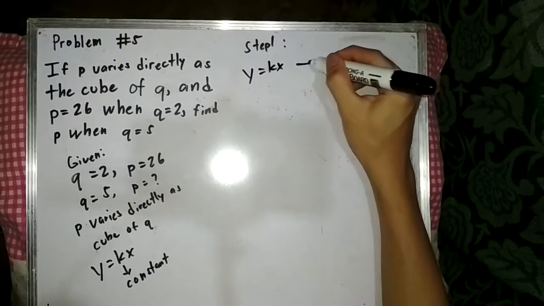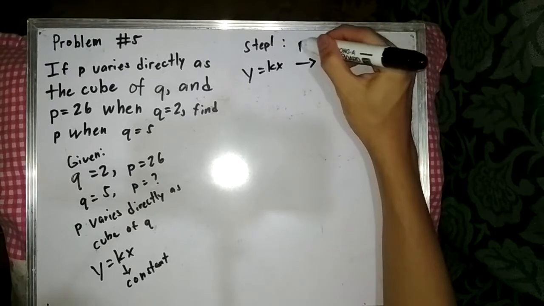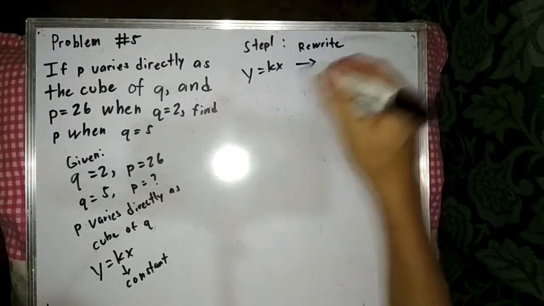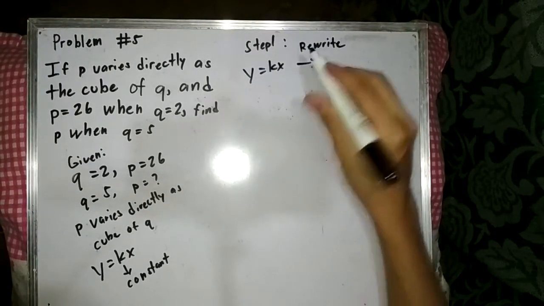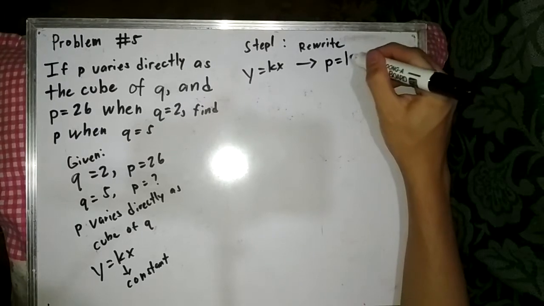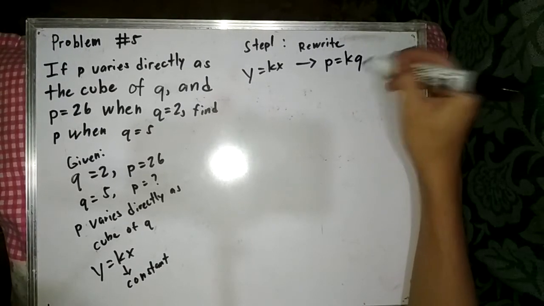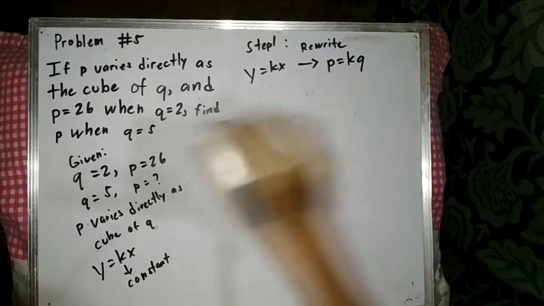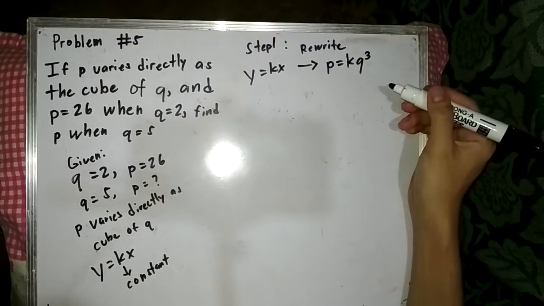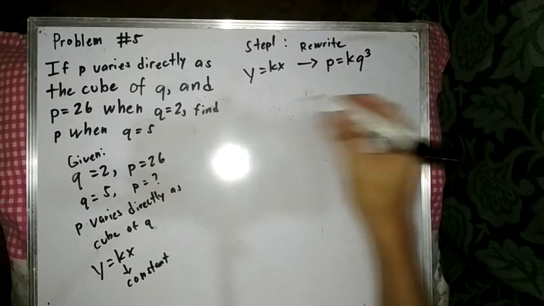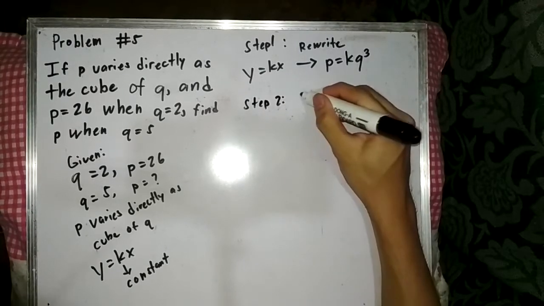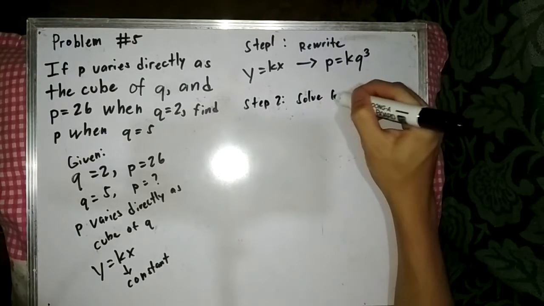So we have to rewrite this formula as p is equal to k q raised to the power of cube, which is 3. So step 2, solve for k.